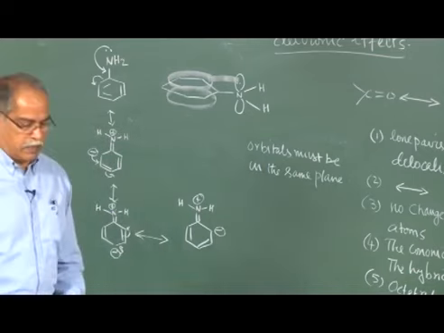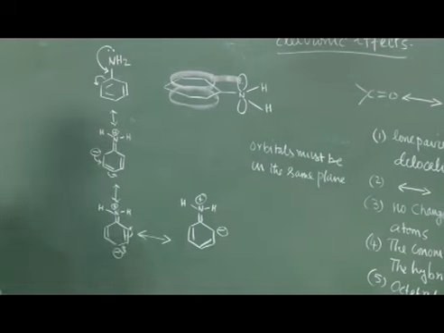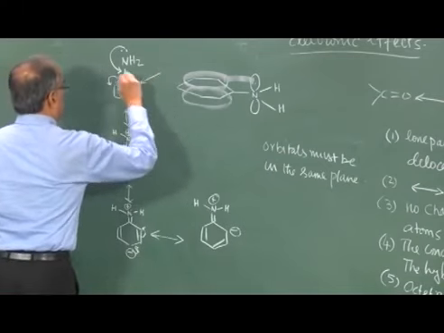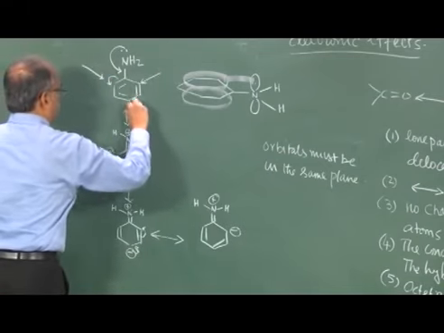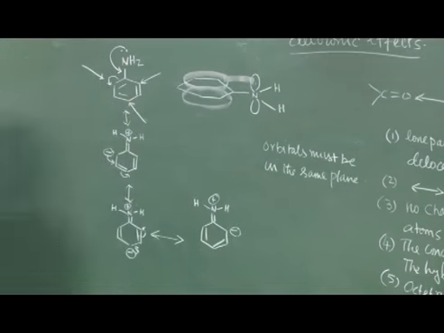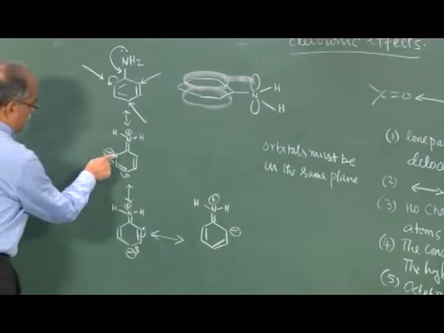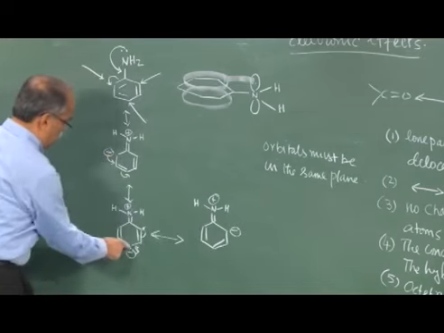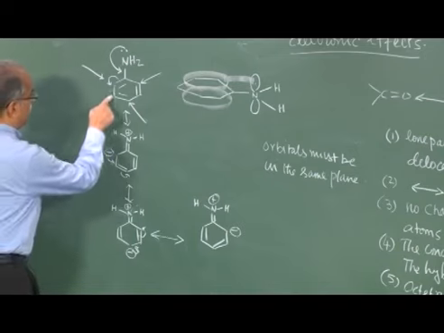What it tells us is essentially that the electron densities in the ortho position and the para position of the aniline ring are higher compared to the meta position, because if we look at all these structures, the negative charge or the higher electron density is present in the ortho carbons and in the para carbon, but not in the meta carbon.